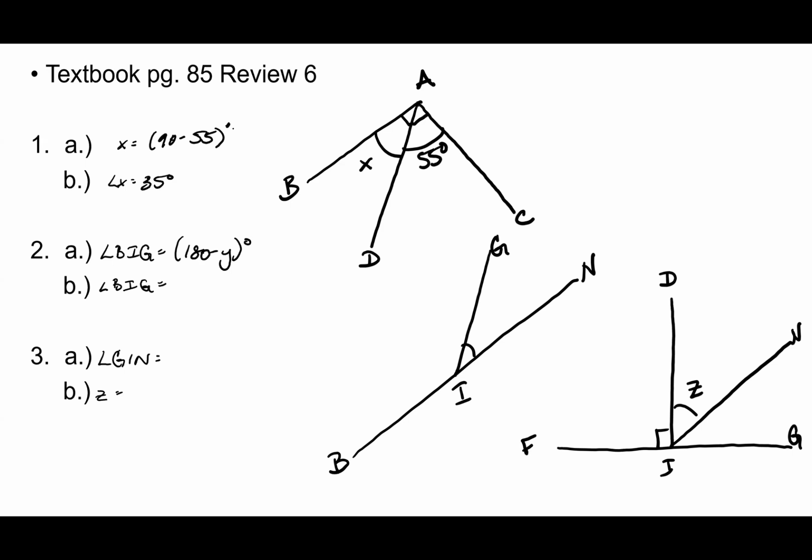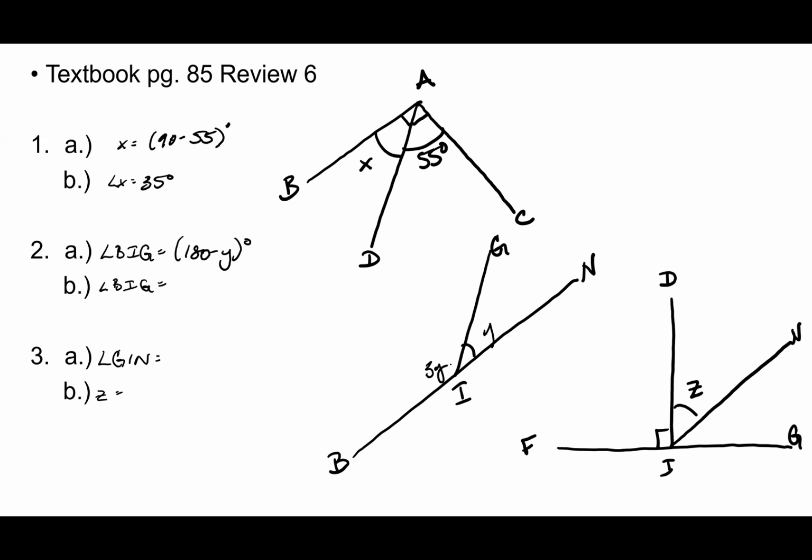It says that angle GIN equals Y, and the ratio of angle BIG to angle GIN is 3 to 1. So this is Y. That means that this is 3Y right there. And wait, are we finding the 3Y or the Y? Oh yeah, for that one we were finding the 3Y. I'm sorry. So you're right. Good job.